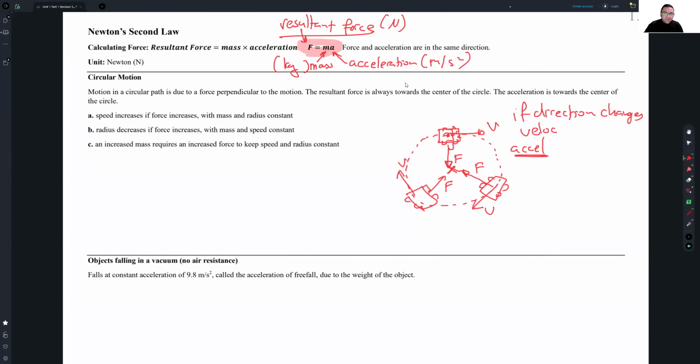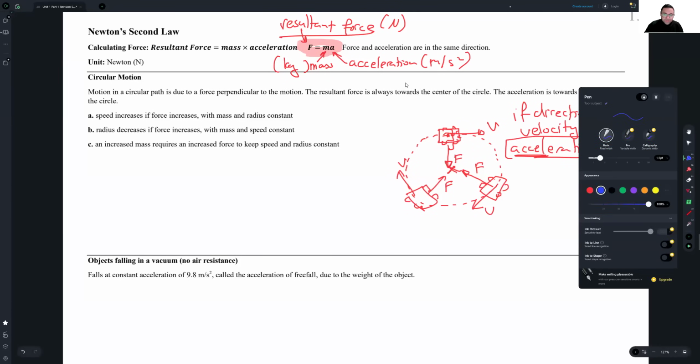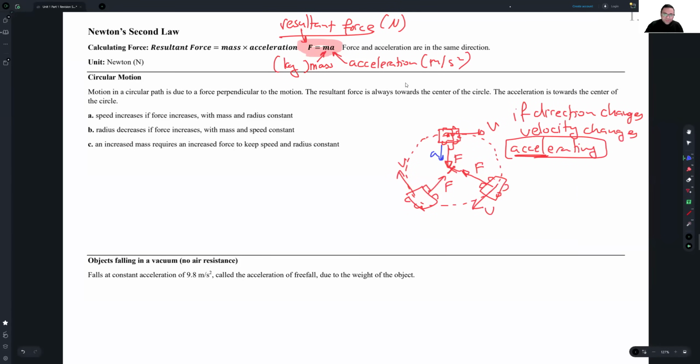Yes. So the velocity changes. And if the velocity changes, you are accelerating. You have an acceleration. And the direction of this acceleration is also towards the center of the circle. The force and the acceleration are always in the same direction, no matter where you go.